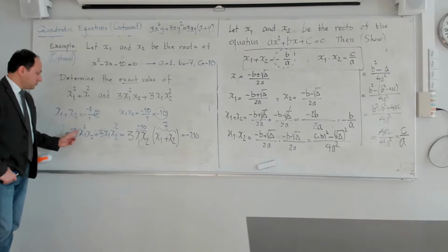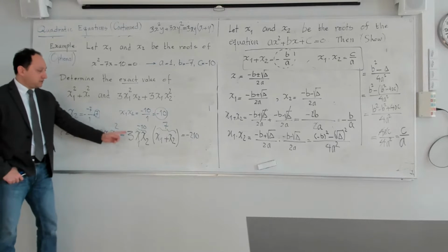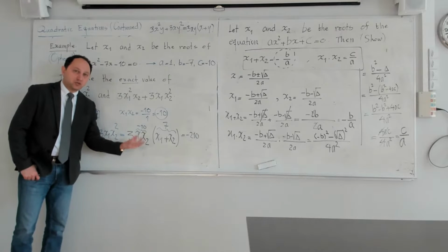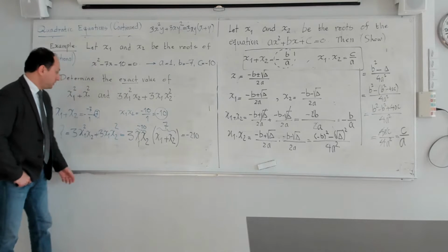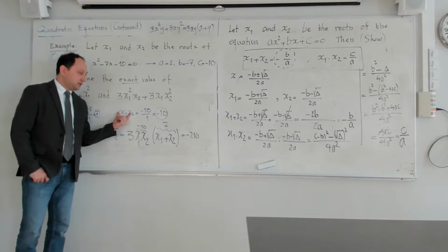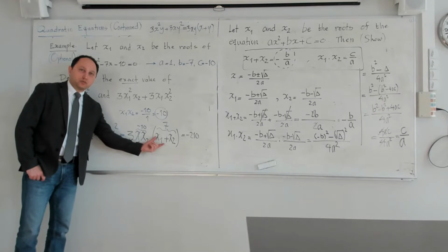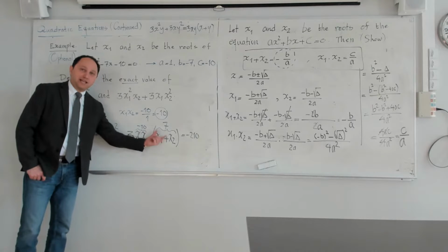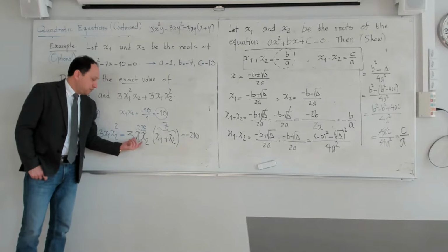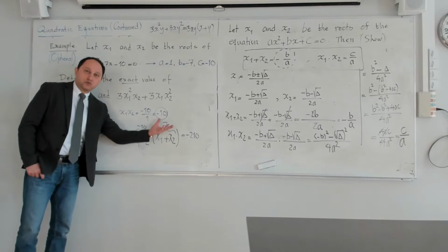But if you are smart enough to see that I can factorize that, then even though I don't know x1 and x2 individually, who cares? Because I know the sum and the product, and that is what I need to solve this problem, without knowing them individually. Who cares about individual values for x1 and x2?